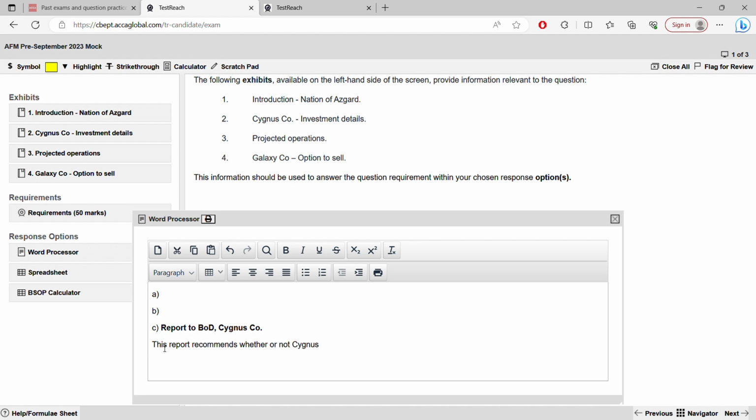Cygnus company should invest in a food packaging. Which company is he? Always mention the industry he's in. This has been given to you in exhibit 1. Always exhibit 1 gives you that. Okay. Invest in a food packaging project. Mention the name of the country. Okay. Which country is it? Project in Asgard.